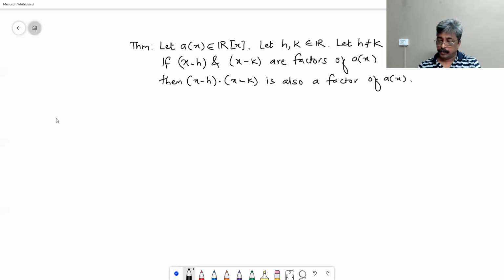Proof. You are supposed to prove that (x minus h)(x minus k) is also a factor. Is that right?